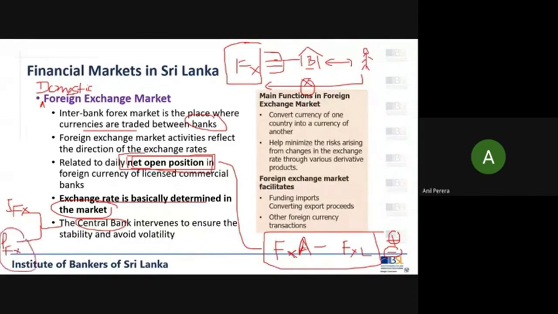When the system has a surplus of foreign currency, the central bank might purchase foreign exchange. When the market has a shortage, the central bank might supply. I think you are aware that recently the central bank has supplied some foreign currency to the market to facilitate importations because there's a shortage. Okay.